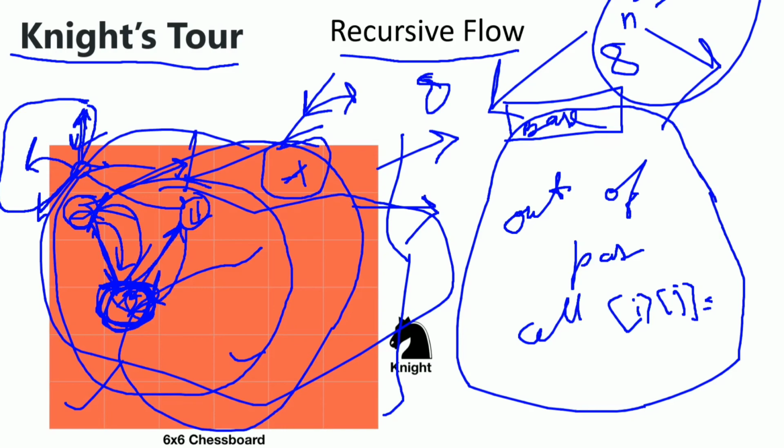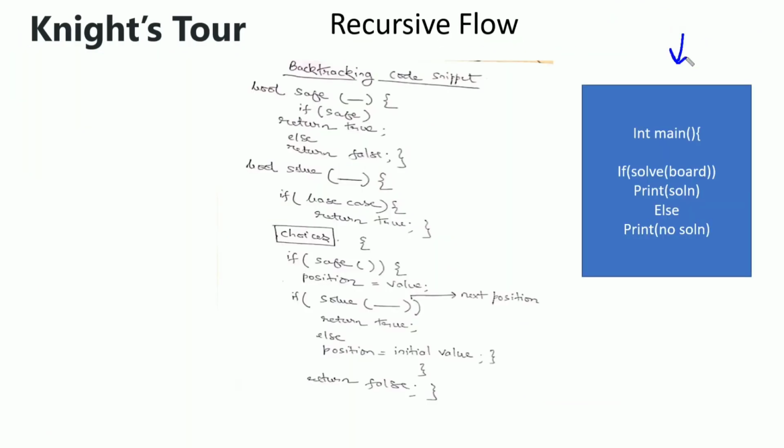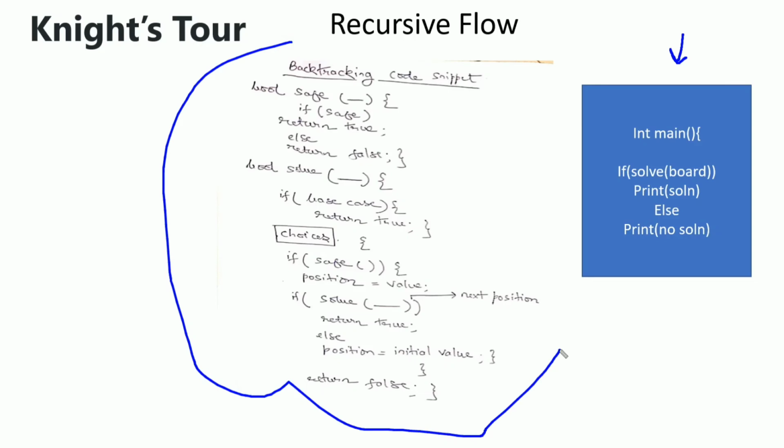Okay, so now I'll be discussing the code snippet. I have solved two problems, that is N-Queen and Sudoku, where I have been using this same code format in order to make the program organized. Okay, so we have our main function, and inside this a solve user-defined function, and in this solve I am passing the information as an argument.